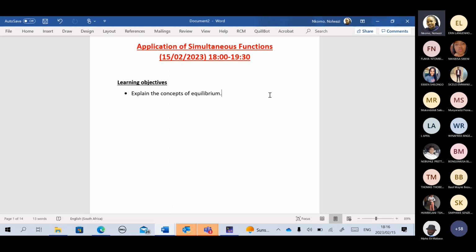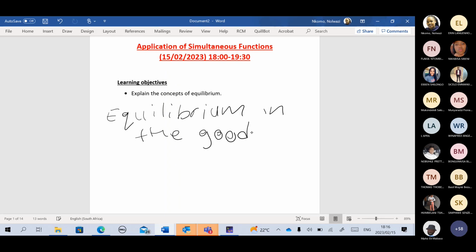By the way, we are doing lesson 2. I said the market equilibrium occurs whereby the demand for a product is equal to the supply of the product, meaning they are both balanced.